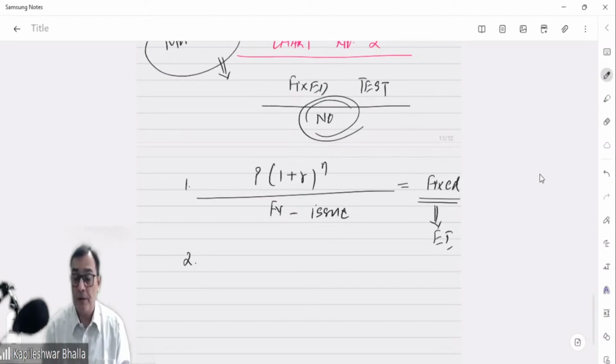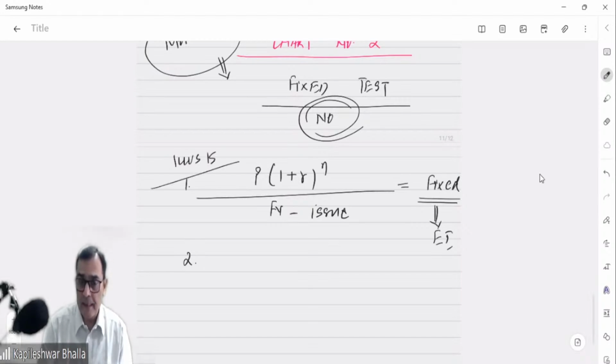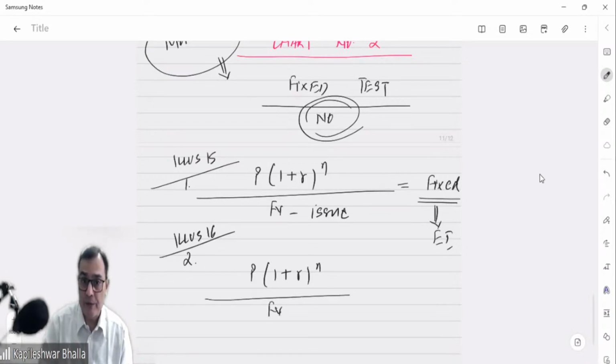The other combination was illustration 16. So the first was like illustration number 15 of the study material, and this one is like illustration number 16, which I'm going to give you. Chart number 2 was very well covered when I made draft 1 itself. Now here you consider the principal compounded at a given rate of interest for n number of years, and you divide it by the fair value on the rate of conversion.